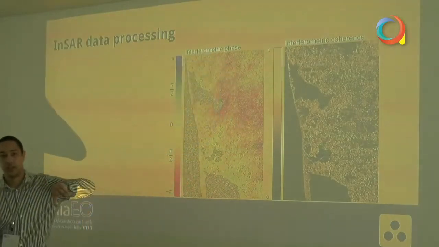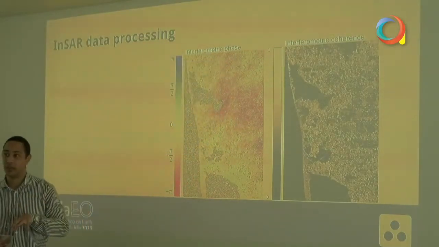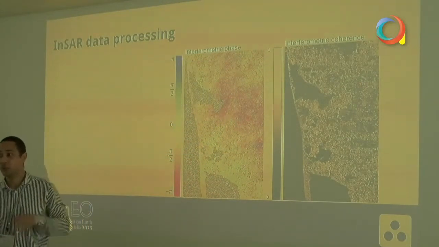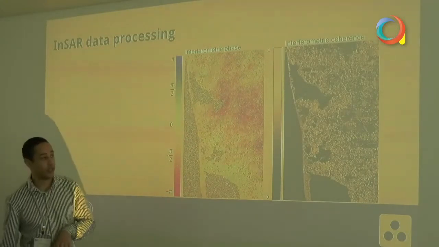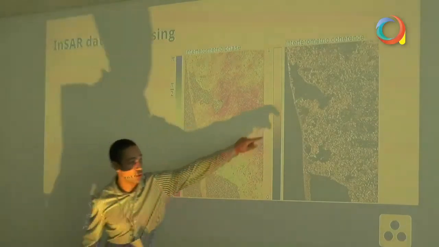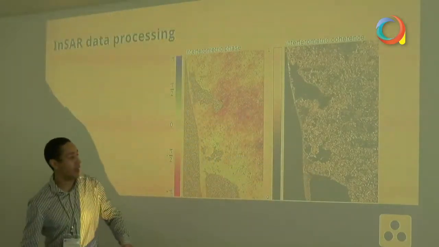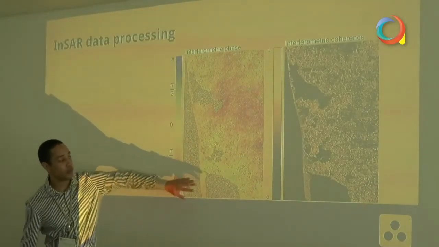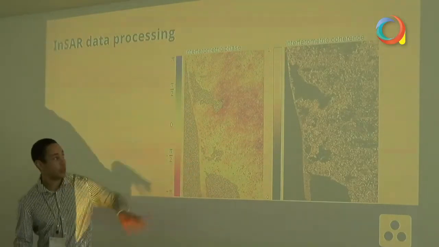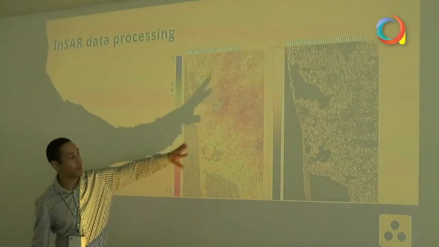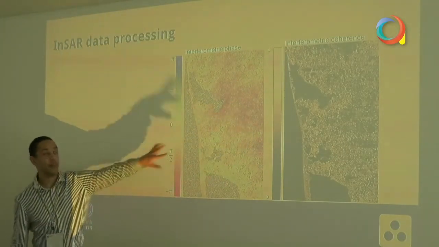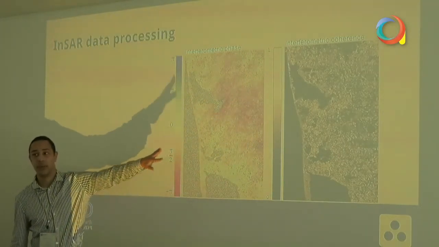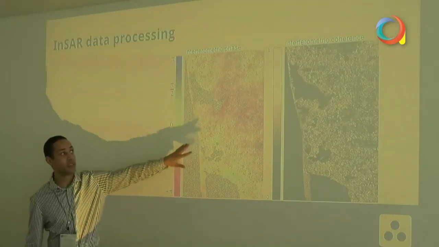Yeah, and then just an example. Here we have an interferogram over the west coast of Denmark, and here we have the corresponding coherence, which says whether the surface is stable and whether you're actually able to use the phase information. What we see is that we have water out here, and the phase of the water is just noise.